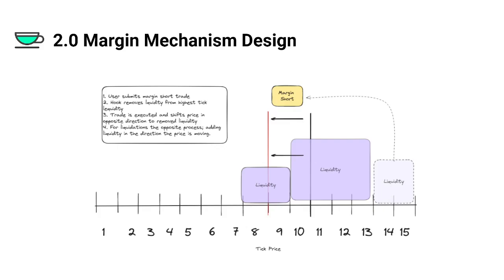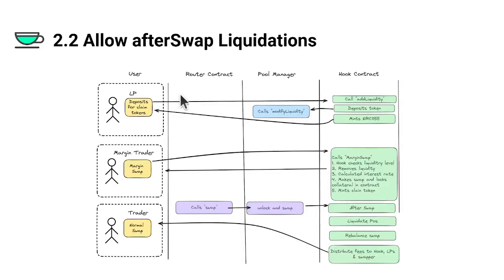So if it's a short position, it would take the liquidity from the max ticks, or the highest ticks. That way we're always taking liquidity from the opposite side that the price is moving, and the opposite is the case for liquidations. If there are lots of liquidations happening, we're actually adding liquidity into the ticks that the price is moving into. So that's quite nice for the design.